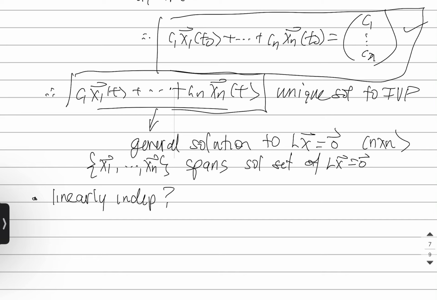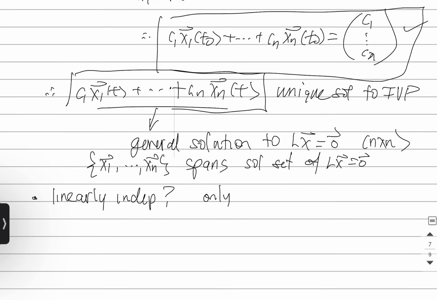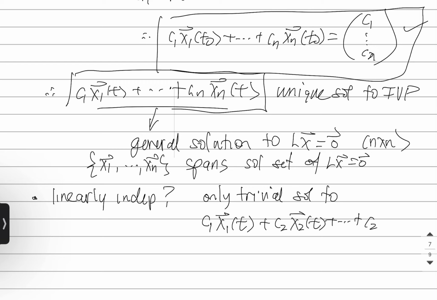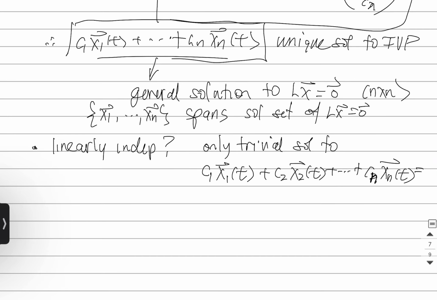Linearly independent means that there's only the trivial solution to this combination equals 0. Now, when you're dealing with functions, you have to remember that this has to apply for any value of t, for all values of t.